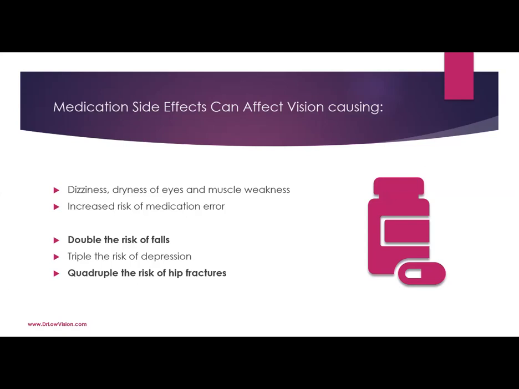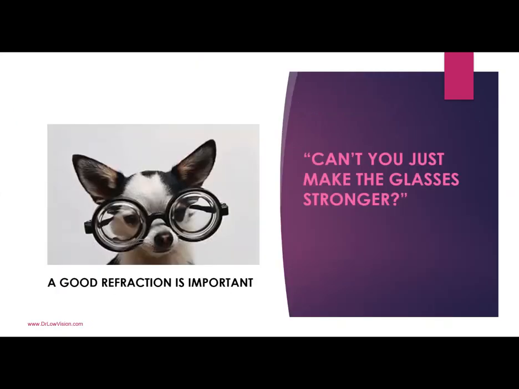And we know that, yes, they have to take some of these medications, but there's also the risk that there might be interactions, and it could put them at an increased risk of falls. And if they do fall, it puts them at a quadruple risk of having a hip fracture. And when we talk about hip fractures, we know that it could affect the life expectancy of that individual, especially if they are a senior, and depending on their health condition as well.